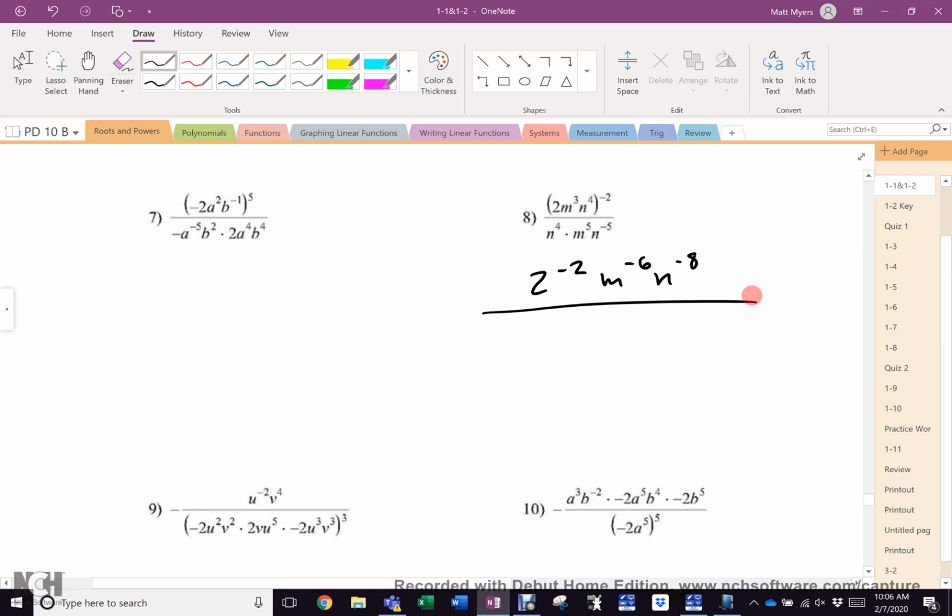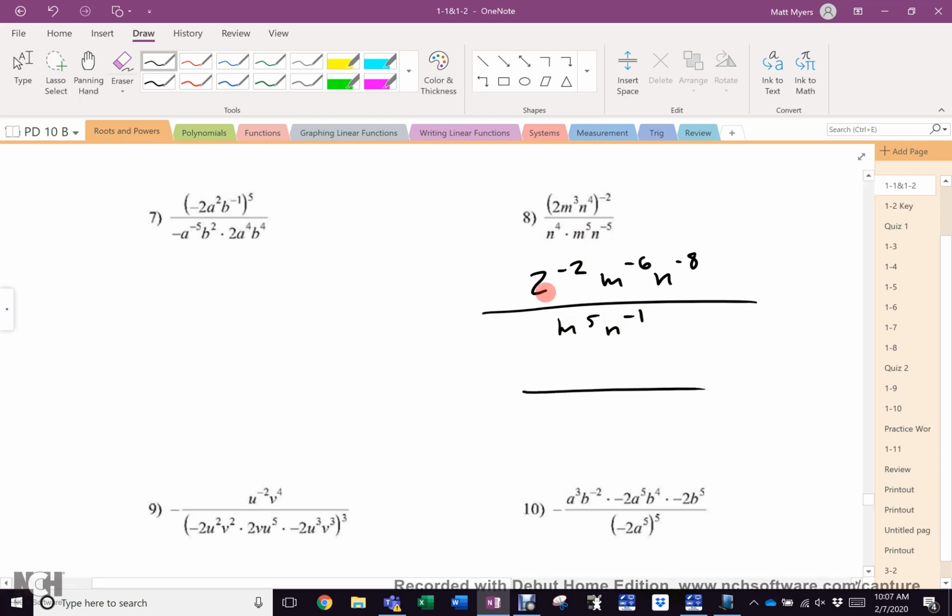Bring it down. See, I wouldn't bring it down yet. I would sort out the bottom because you've got 2 n's down here. But you want to bring down everything that's negative? No, I did what you did first. Okay, so your denominator now is m to the 5th n to the negative 1. Now you would move every negative exponent? Yeah.